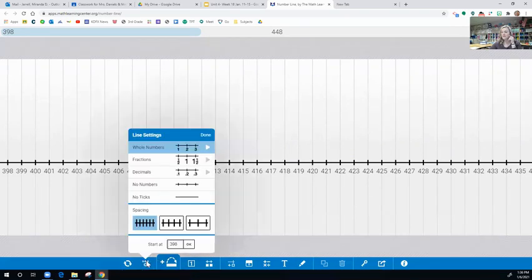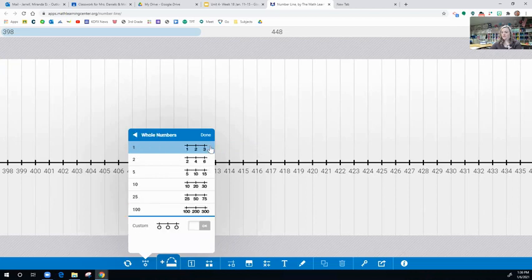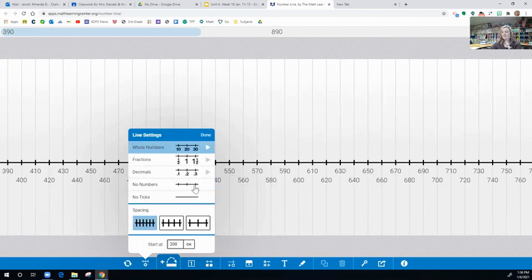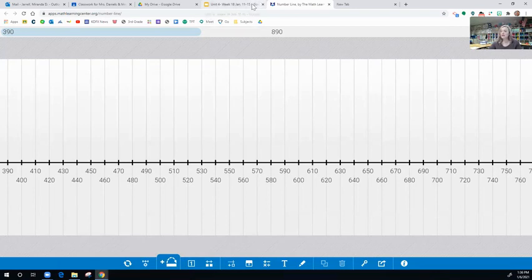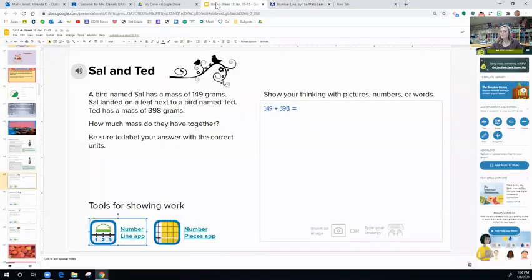And let's see. I wonder if we can do whole numbers. And we want our whole numbers. Let's go up in increments of 10. Let's see how that works. So again, our problem is $398 plus 149.